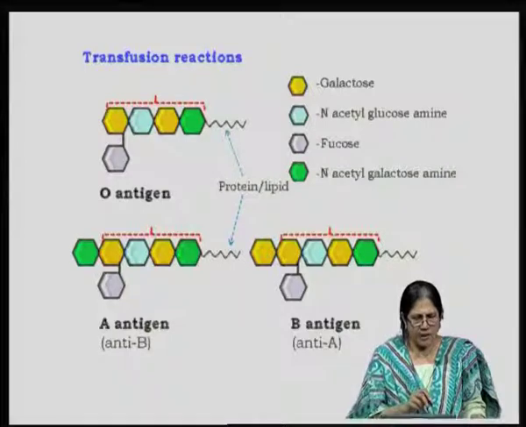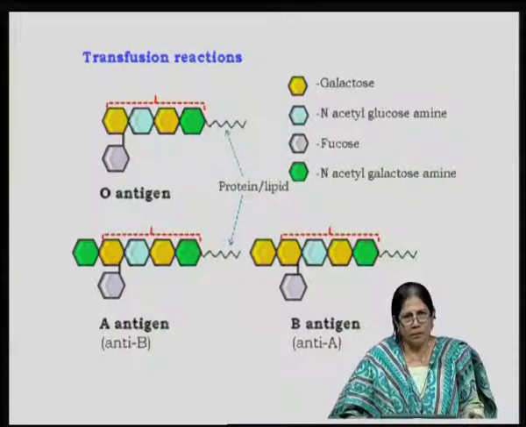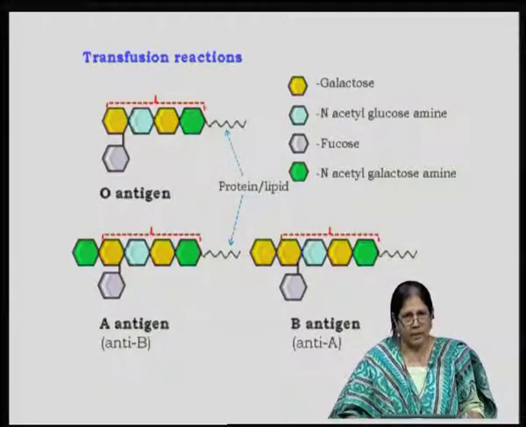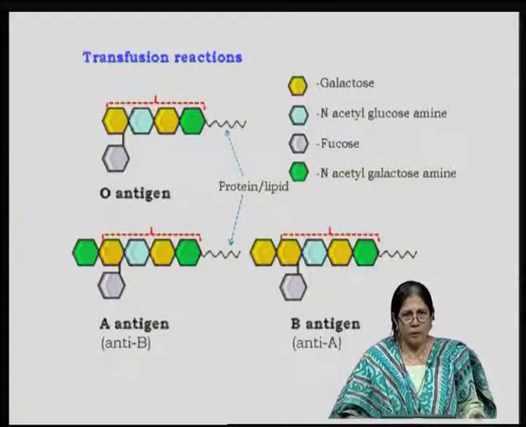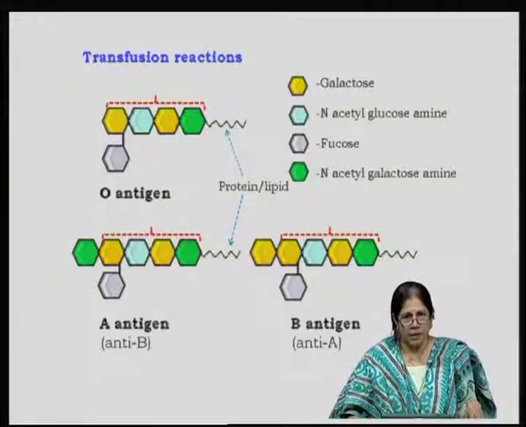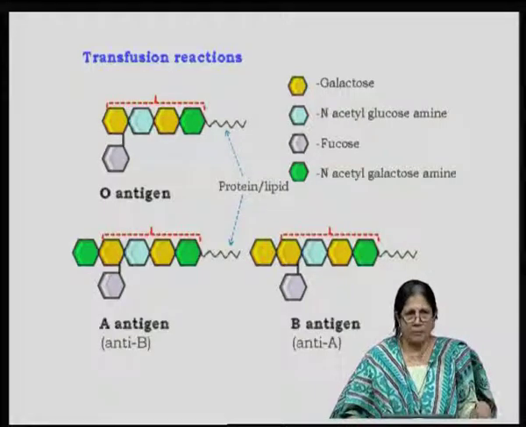Now, why would an A antigen person have anti-B? That is simple. You have also learnt about clonal deletion of self-reactive antigens, self-antigen, which would mean that an individual in the bone marrow would have B cells that have the capacity to make anti-A and anti-B.